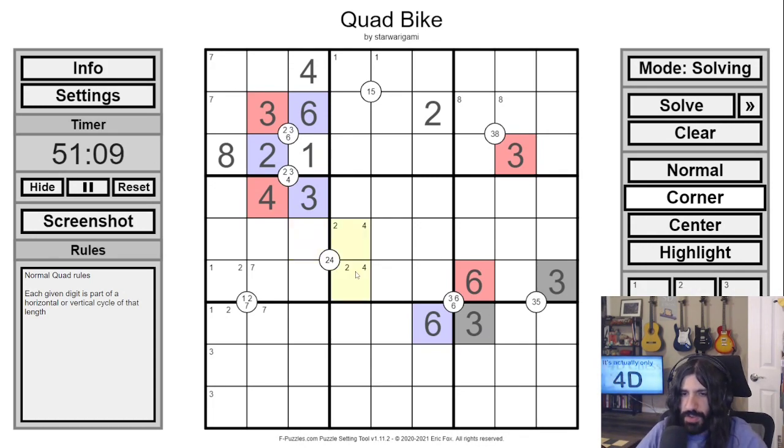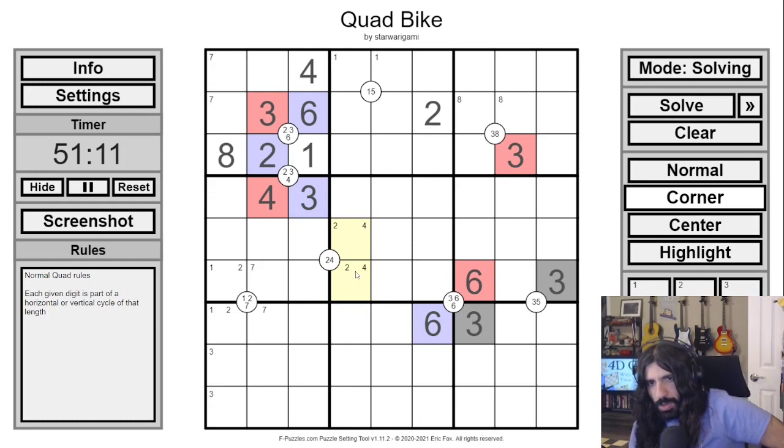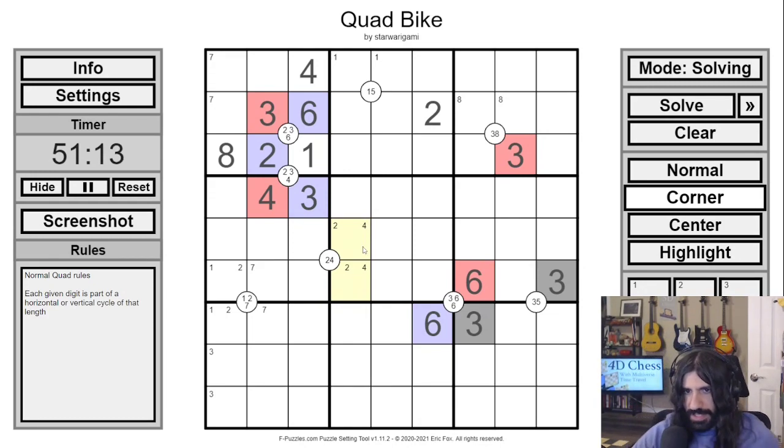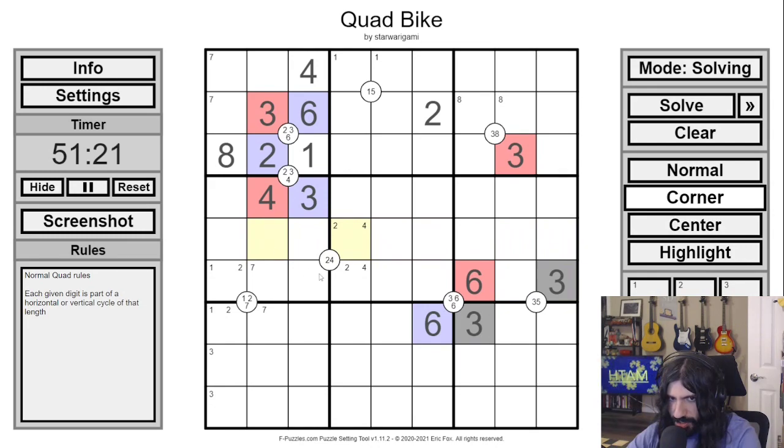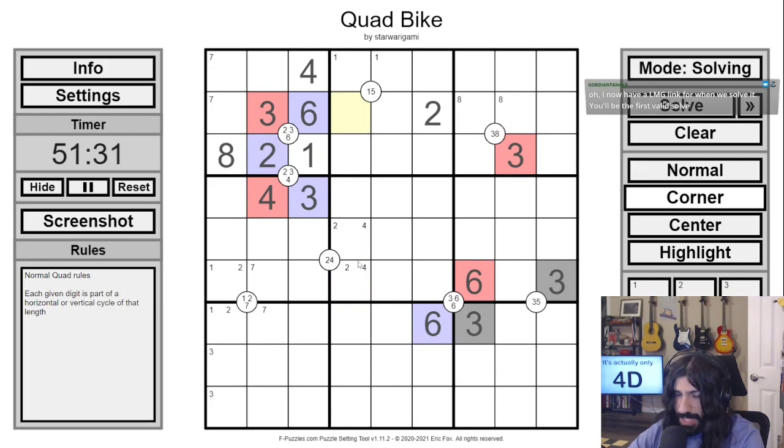Okay, we've got a 2 and a 4 here. So this 2, neither of these can be part of a horizontal cycle, because if it was part of a horizontal cycle length 2, then there would have to be a 4 either here or here, which there can't be because there's a 4 here. So these 2s must participate in a vertical cycle.